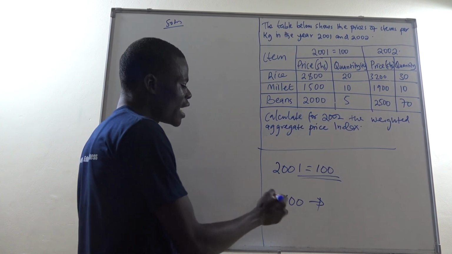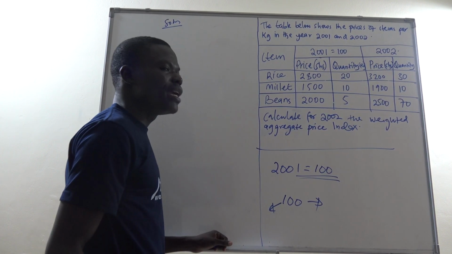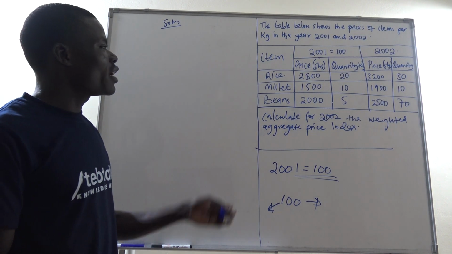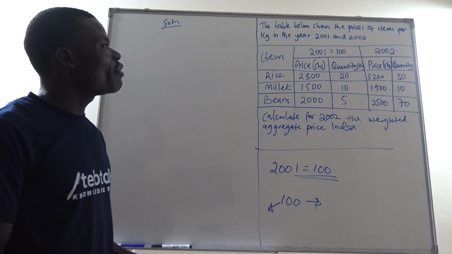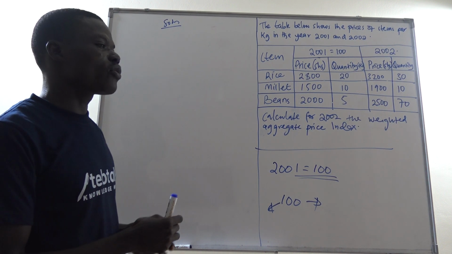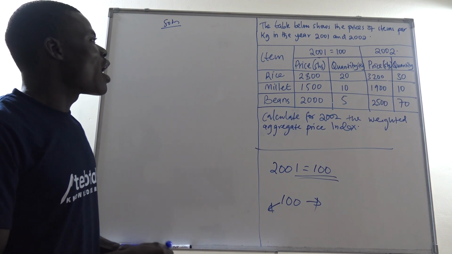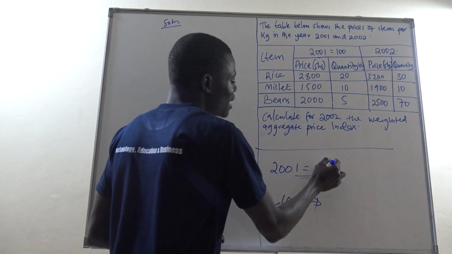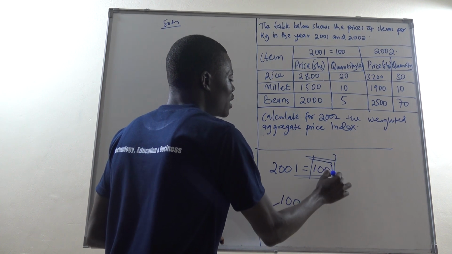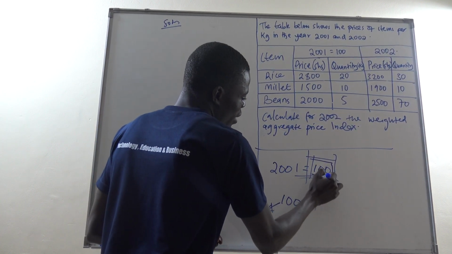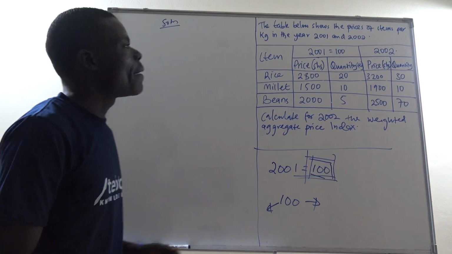Any number below 100 means there is a decrease in the value by a given percentage. But if they give you 100, any year equal to 100 becomes our base year. So our base year, we always take it as 100. Any year they give you as equal to 100 becomes your base year.